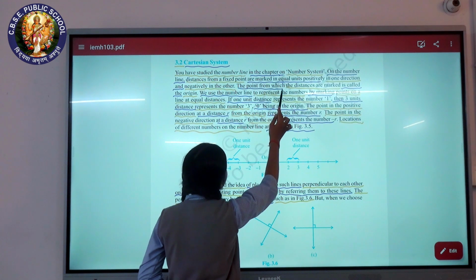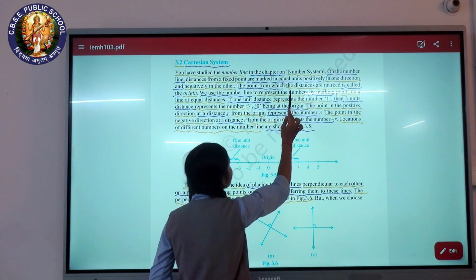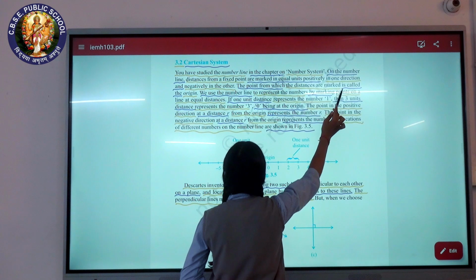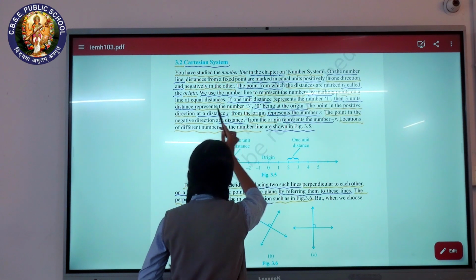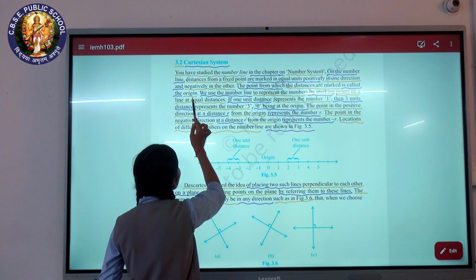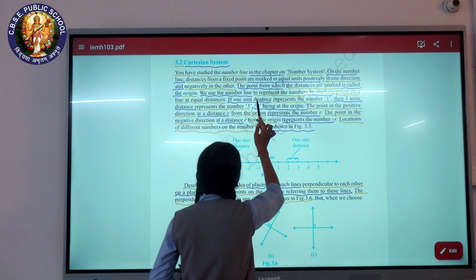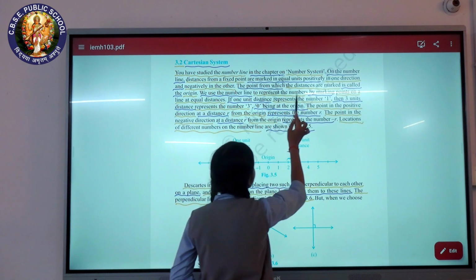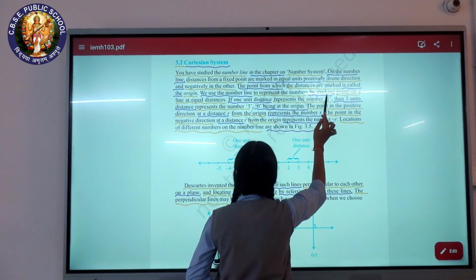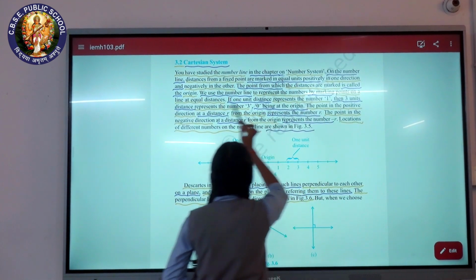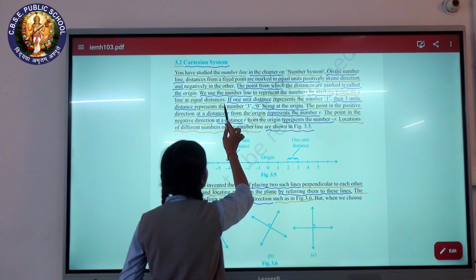The point from which the distances are marked is called the origin. We use the number line to represent the numbers by marking points on a line at equal distances.